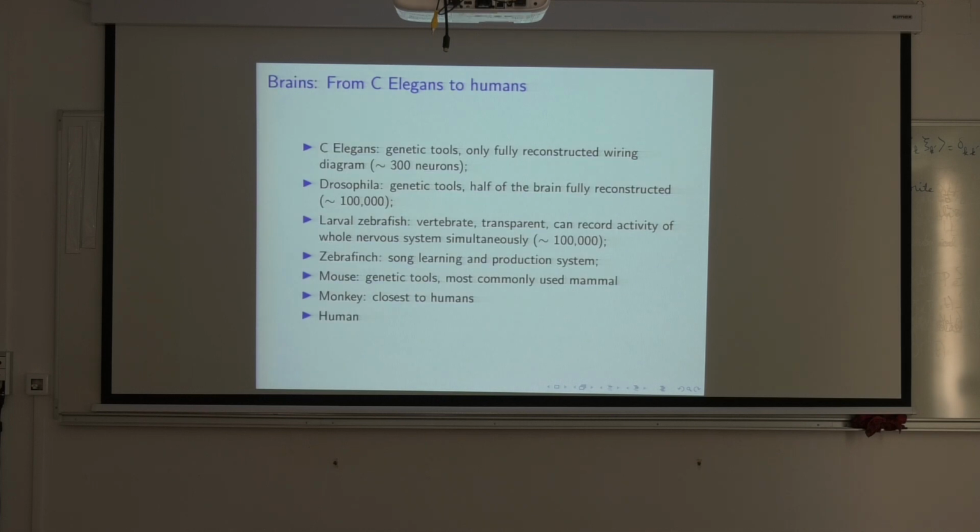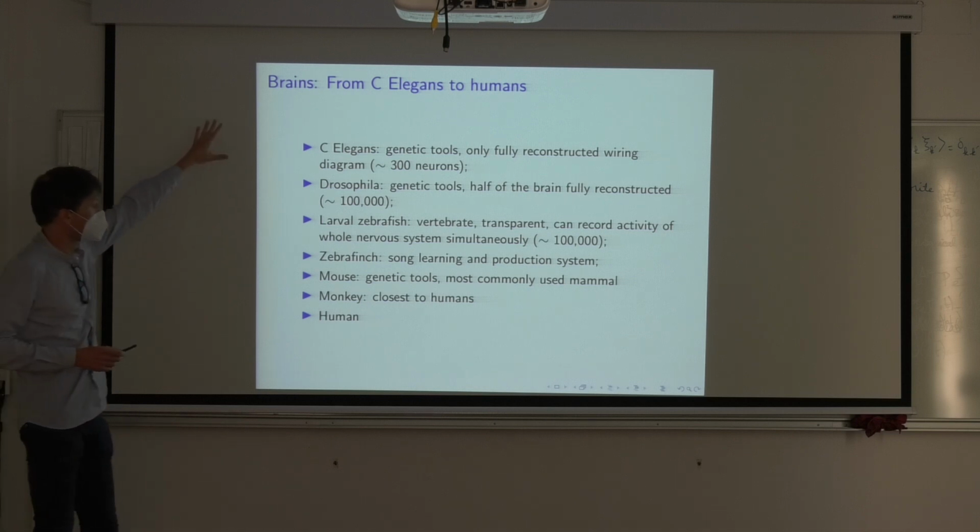So far I've shown you only pictures of human brains, but of course most of what we know about how brains work really comes from studies in animals, not humans. The reason, of course, is that you can do lots of experiments in animals that you can't do in humans. You can't stick electrodes into human brains, except in rare exceptions, like epileptic patients, for instance.